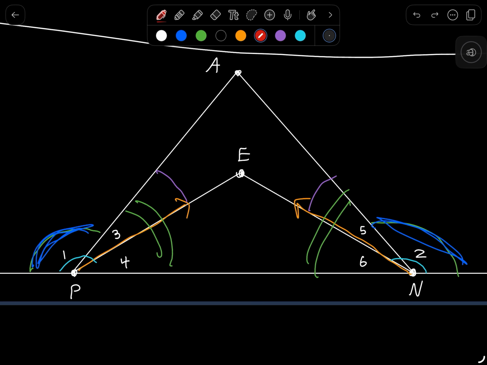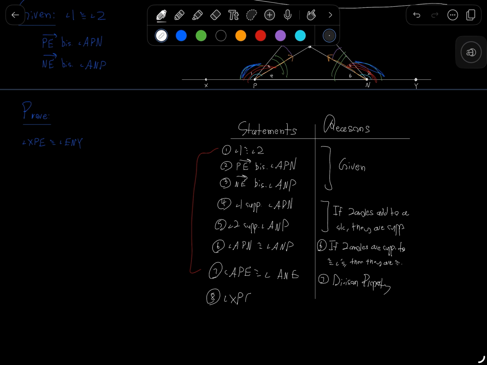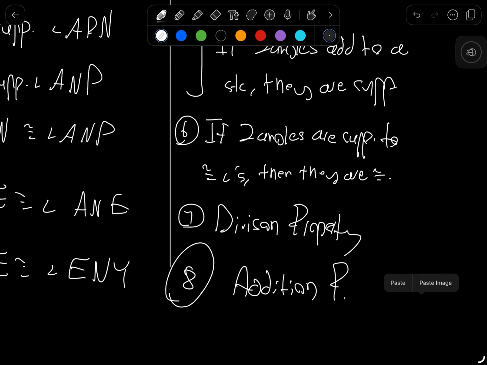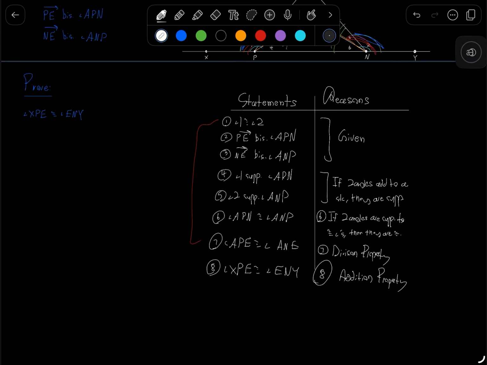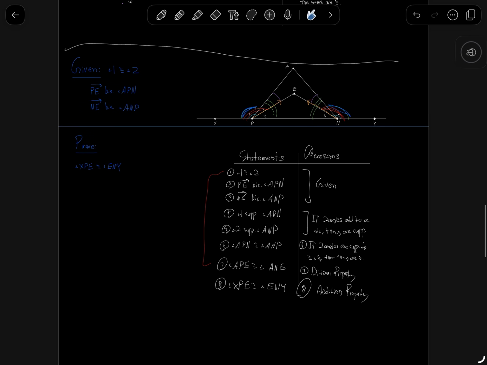That gives us this entire angle is congruent to this entire angle, which is what we're looking for. So once again, we can make that conclusion. Angle XBE is congruent to angle ENY because the reason is the addition property for angles. If congruent angles are added to congruent angles, the sums are congruent. So that's like a combination of division and addition in a proof.